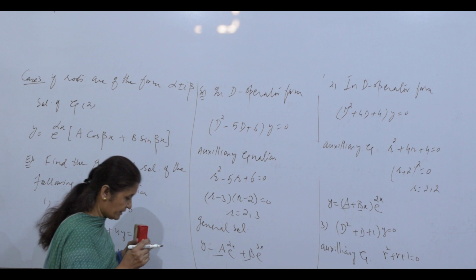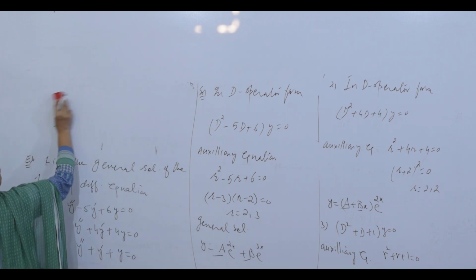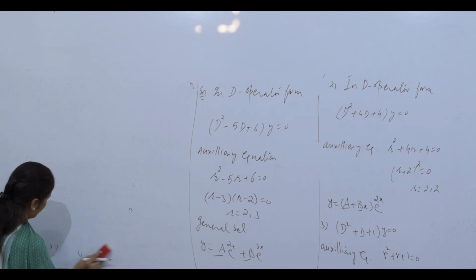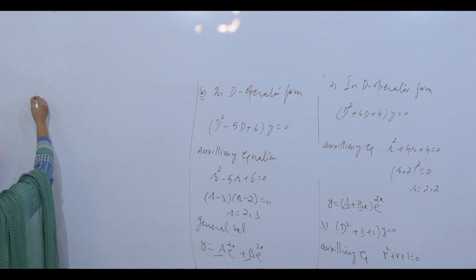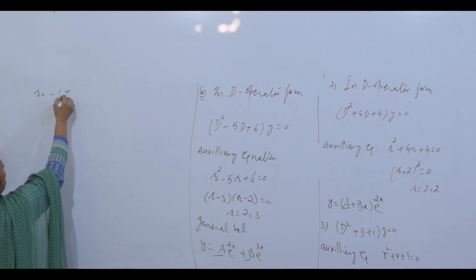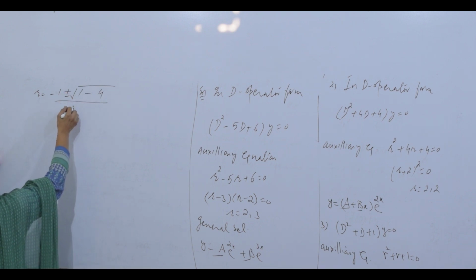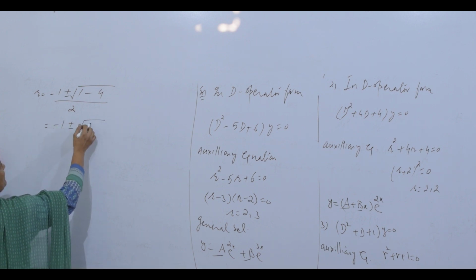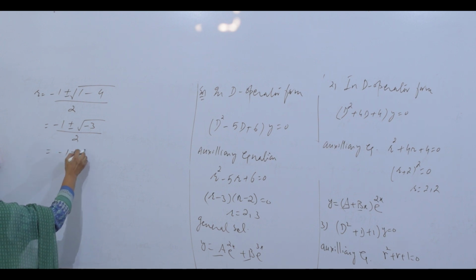Now you cannot break the middle term, so we apply the quadratic formula. r is equal to minus b plus minus under root b square minus 4ac over 2a, which is minus 1 plus minus under root 3 iota divided by 2, which is minus 1 plus minus iota under root 3 by 2.